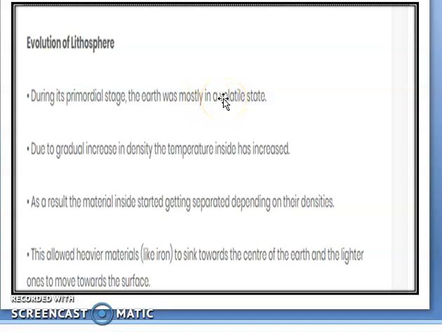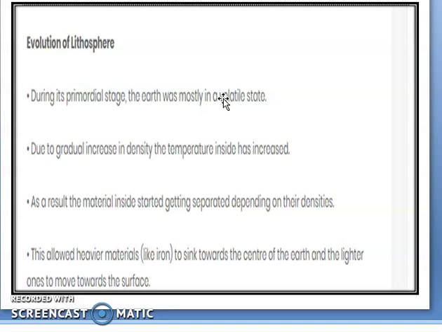The meaning of the volatile state is that it is in a kind of liquid state which easily evaporates at normal temperature. Volatile means it can change very rapidly. The Earth was in a volatile state.